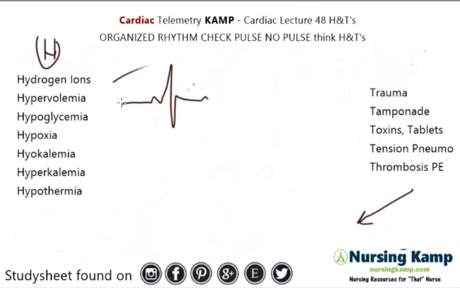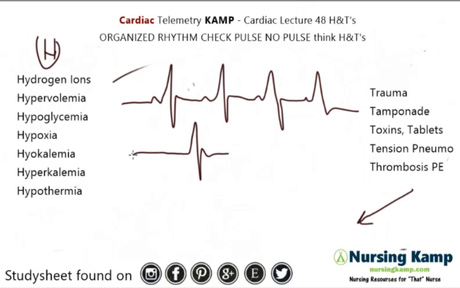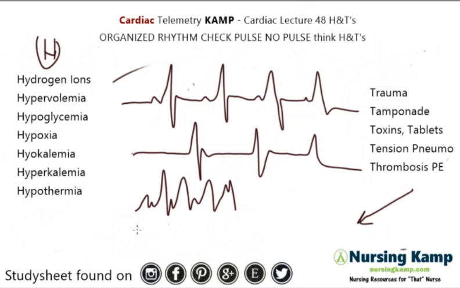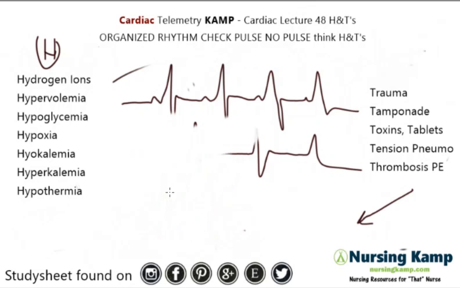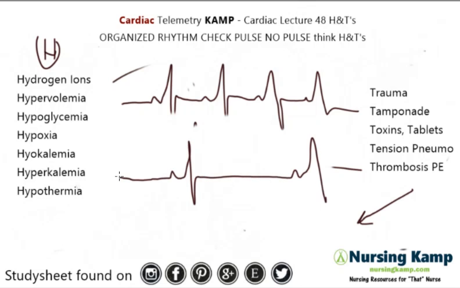You see normal sinus, or you see AFib, or SVT, or a flutter, or you see sinus Brady, or sinus tach. Anyways, they're all organized rhythms.